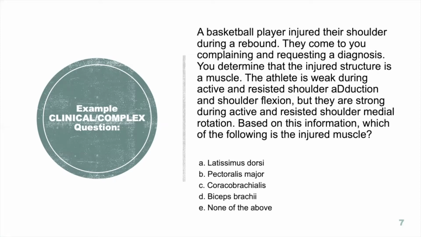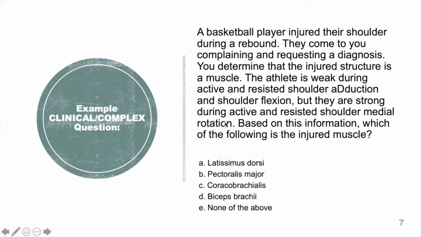So, by looking at these different range of motion test results after performing them, it would give us an indication of what we need to look for to find out which muscle would be involved. We would be looking for the muscle that contributes during active and resisted shoulder adduction and flexion, but does not contribute to active and resisted shoulder medial rotation.